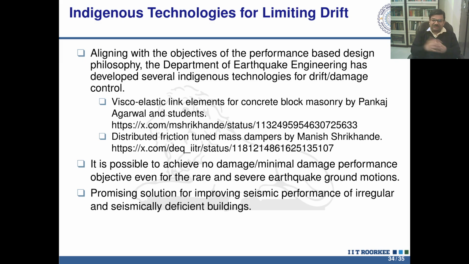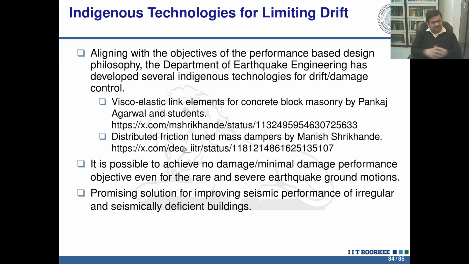And this is very critical. Drift control is very critical, particularly in buildings on hill slopes, where because of short columns, those are very vulnerable to earthquake-induced drift. So distributed tuned mass dampers can be a very effective measure to protect those kinds of buildings.